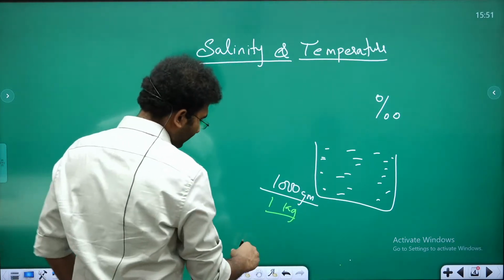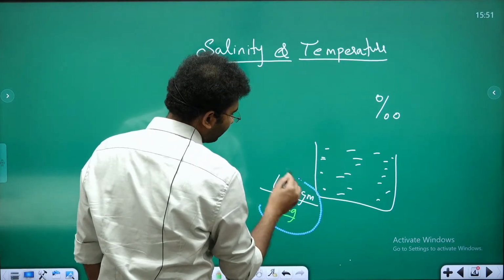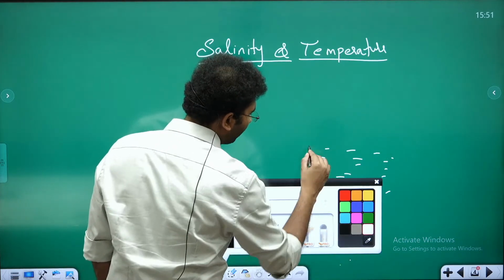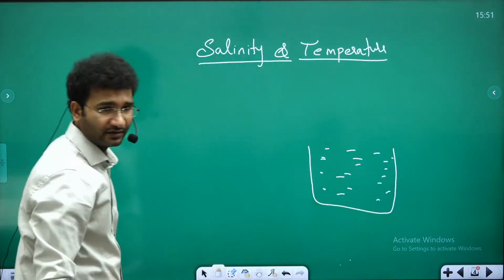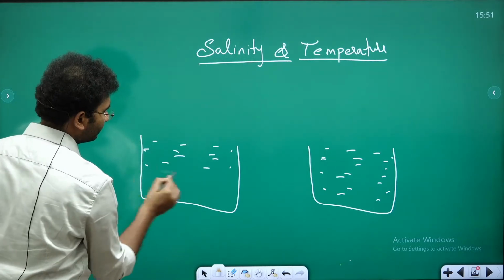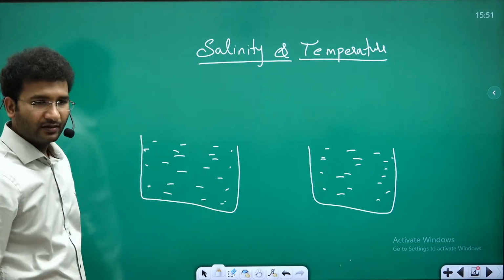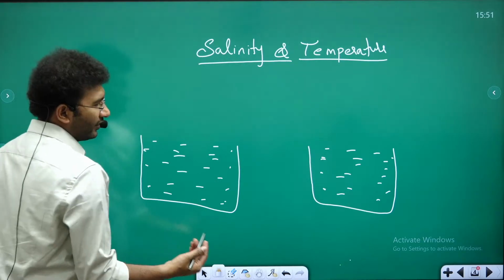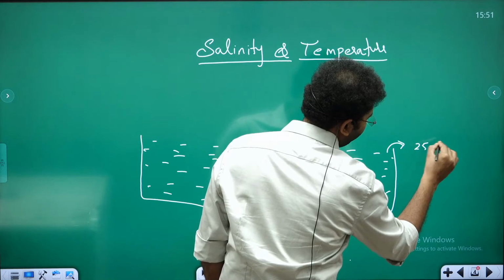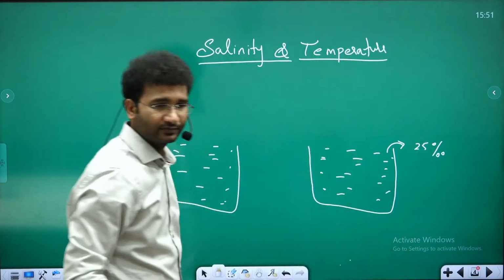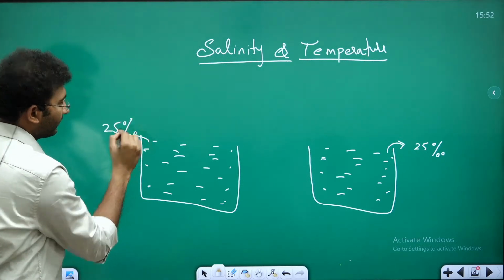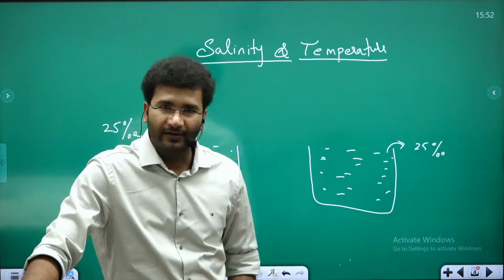Now see, the relationship between temperature and salinity is like this. Imagine this is a bowl of water, right? Again, you have a different bowl of water. Now in this, the salinity of the water is 25 parts per thousand, मान के चलो, and here also you have 25 parts per thousand, right?